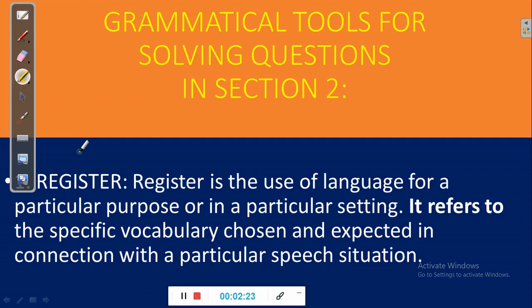So we shall be looking at register as a grammatical principle and as a tool for solving questions, because you need to understand that register is using language for a particular purpose or in a particular setting, and that means putting proper words in proper places. We understand that there is a specific vocabulary chosen and expected in connection with a particular speech situation.